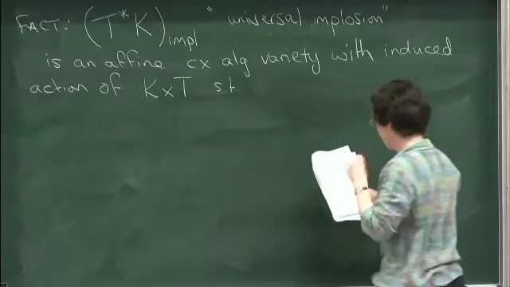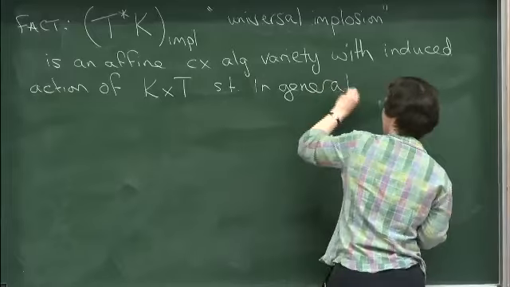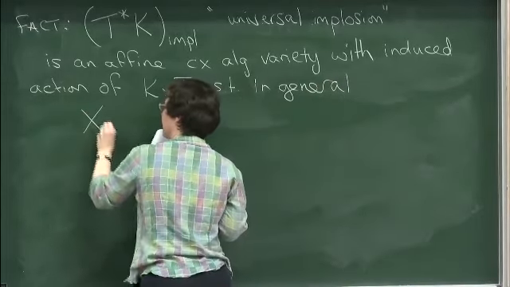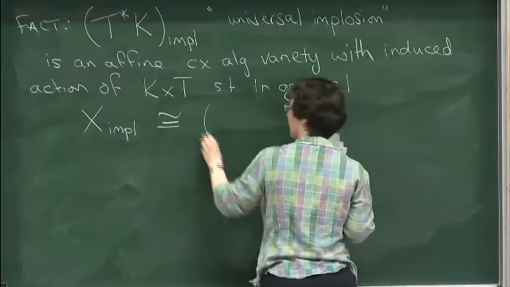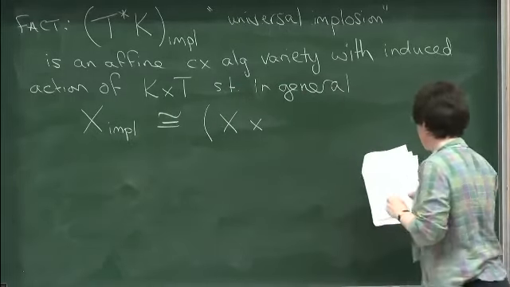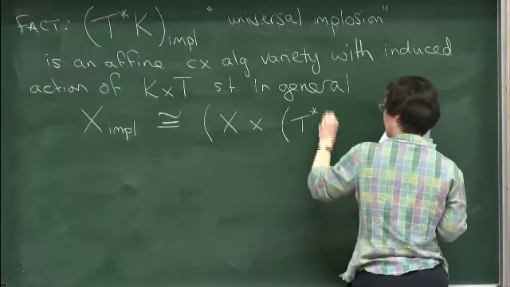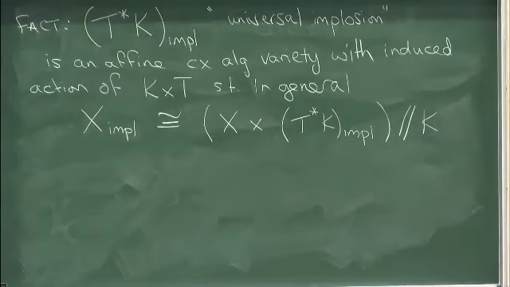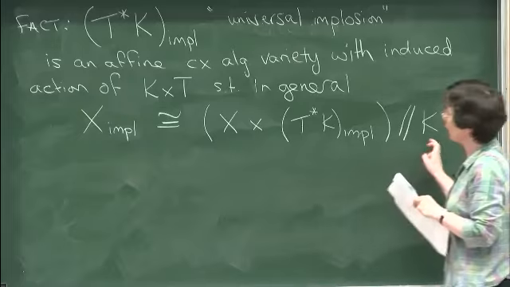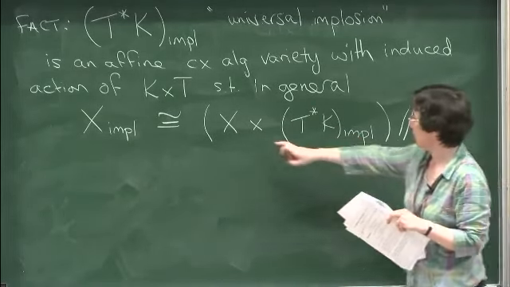It has the property that in general, for any X, the imploded cross-section can be identified with the symplectic reduction of X cross the universal imploded cross-section. So I'm using this notation to mean symplectic reduction, and so here we've got a K cross T action, and here we've got a K action.